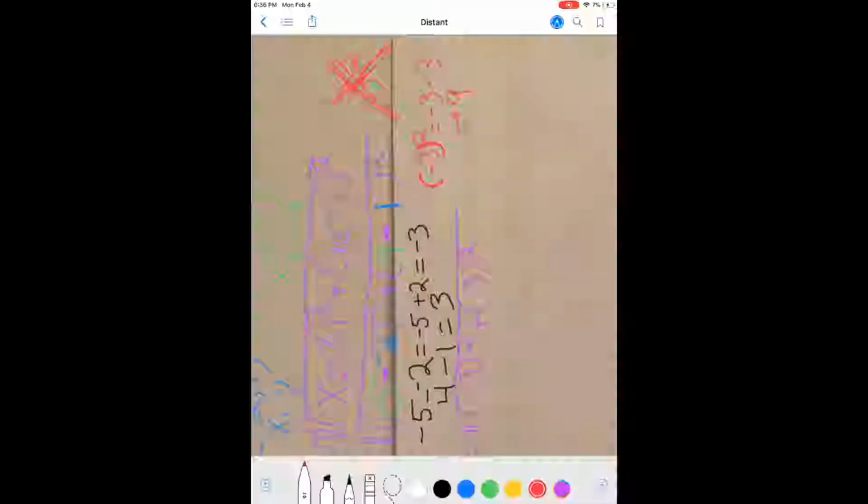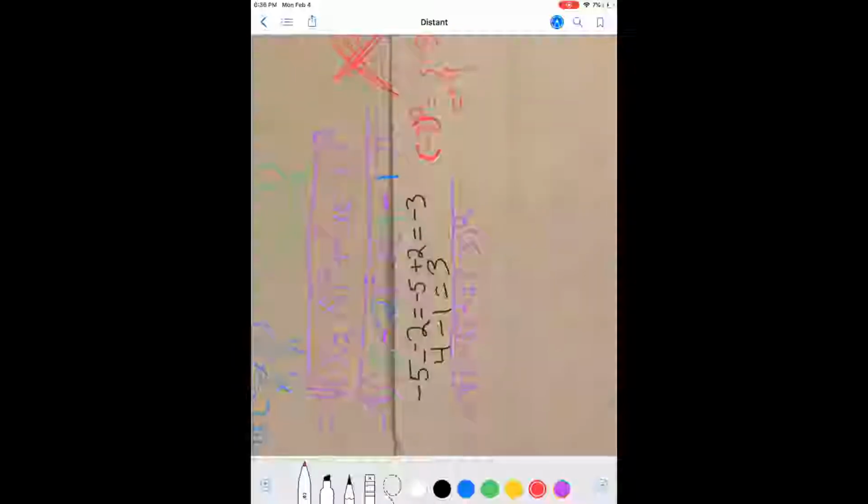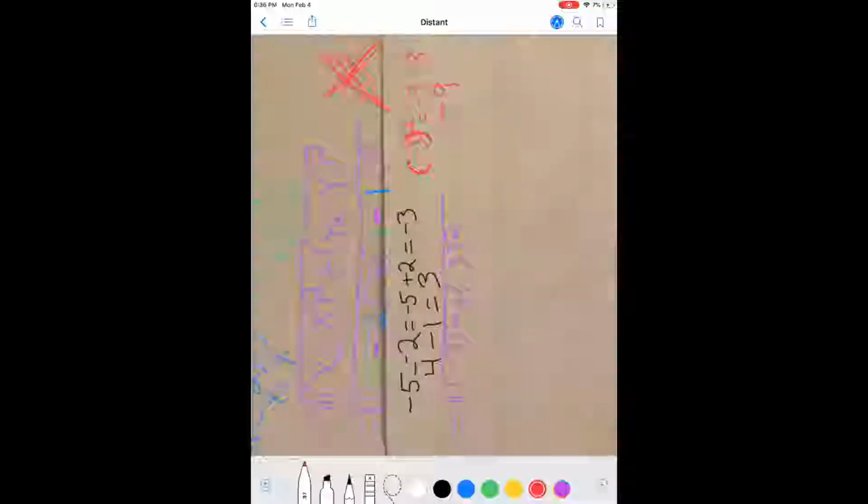Do not just put -3 squared. You have to put the parentheses around it. Also, to the right, we have 3 squared as well, which is 3 times 3, which gives me +9 as well.